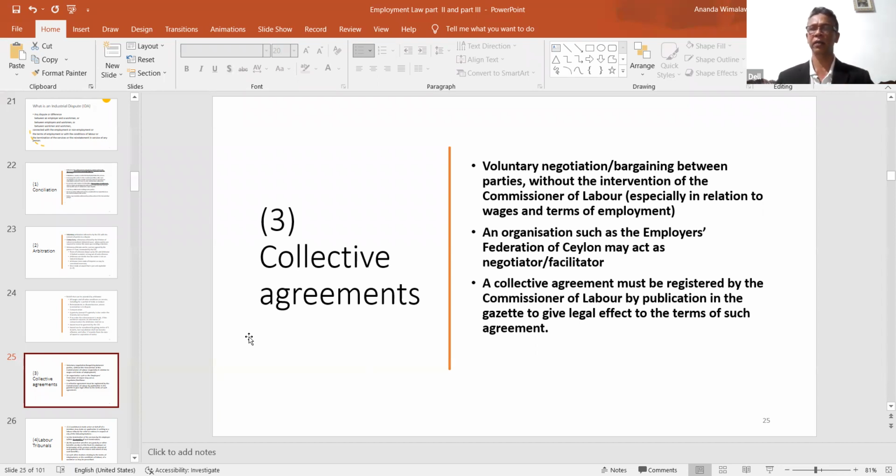Then the parties will sign an agreement stipulating the agreed terms and conditions of labor.